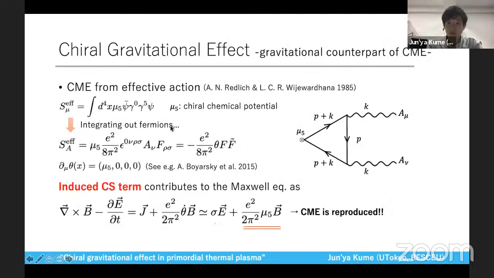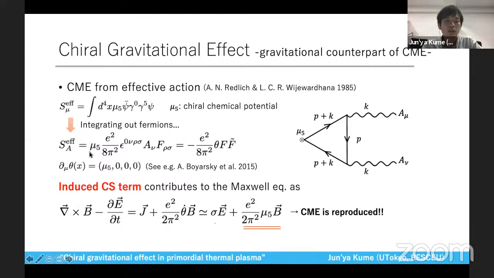But before going to that, let me start from the CME, because we can learn the essence of our discussion from this example. So, let's introduce the finite chemical potential term. Then, since we're interested in the dynamics of the gauge field, let's integrate out these fermions.